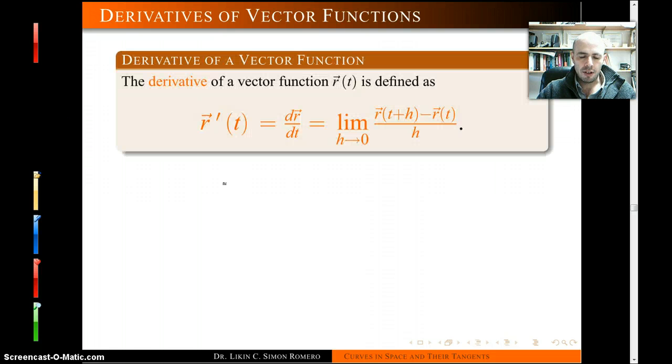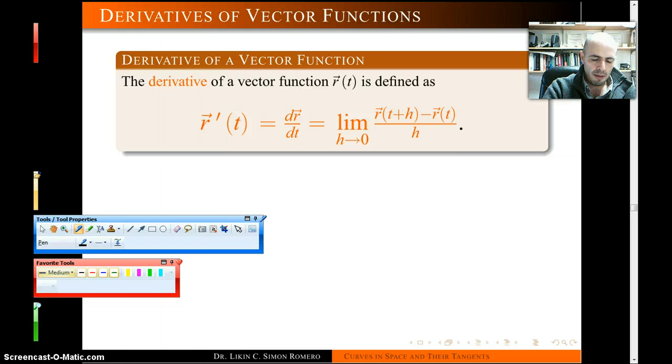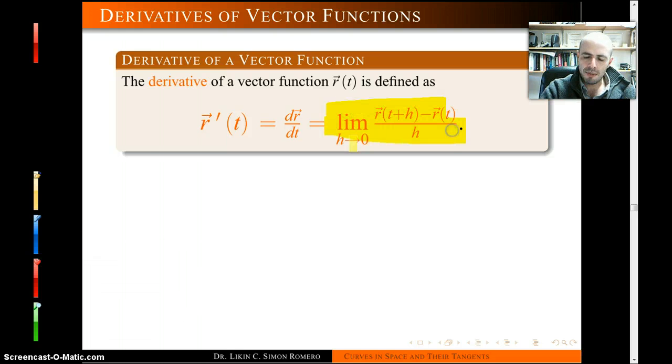Derivatives of vector functions. The derivative of a vector function is defined as this, with limits. That's not the way that we're going to compute it, but it's going to give us a good geometrical interpretation of the derivative that we're going to use later on.